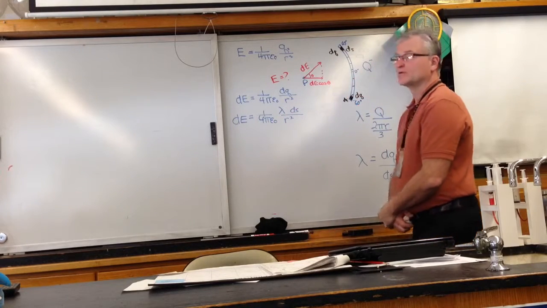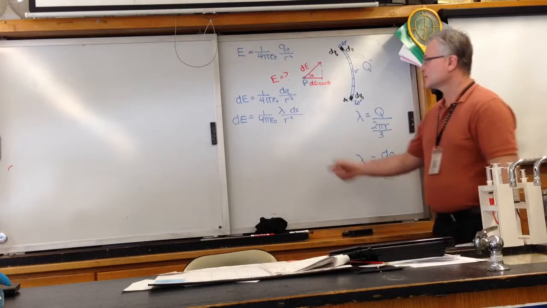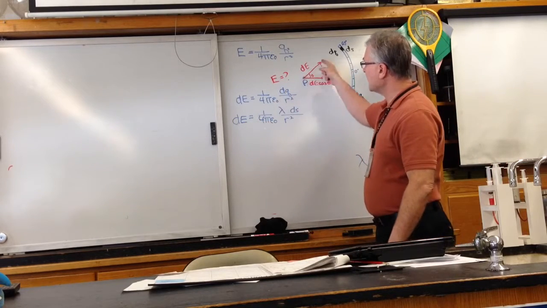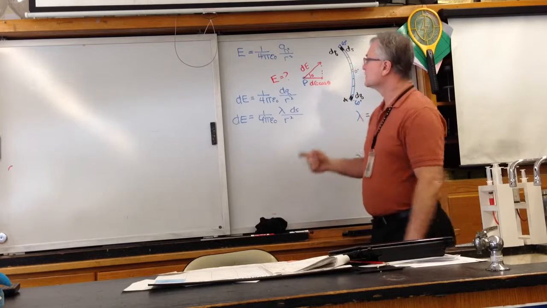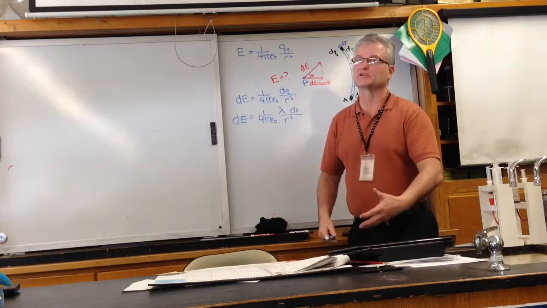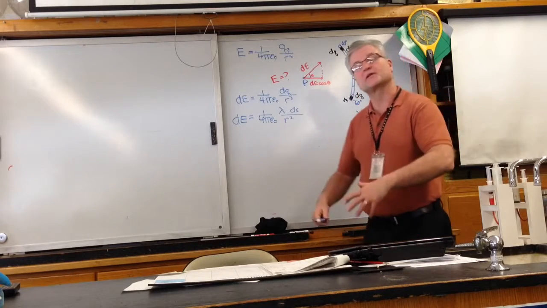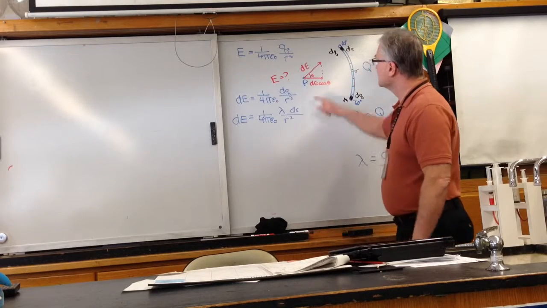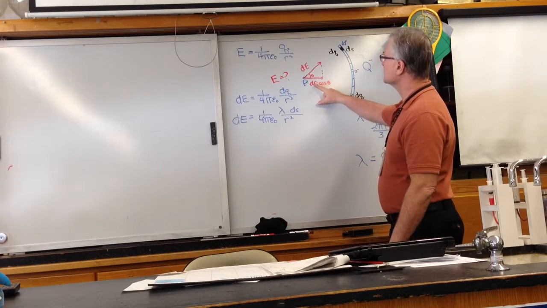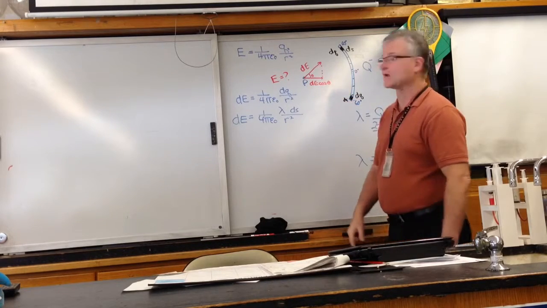All right, now, we've got a little bit of an issue here. This is the basic formula for dE, and that gives us the hypotenuse of that triangle. All right, but remember, these things are on angles. We've got to make a correction here because the only part that contributes to the electric field is the part that's going towards the arc. Remember that this portion is dE cosine of the angle.